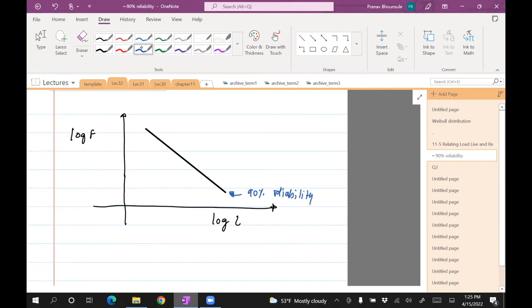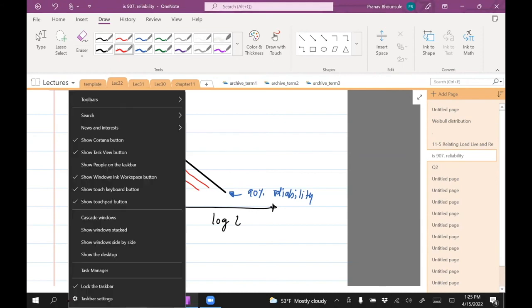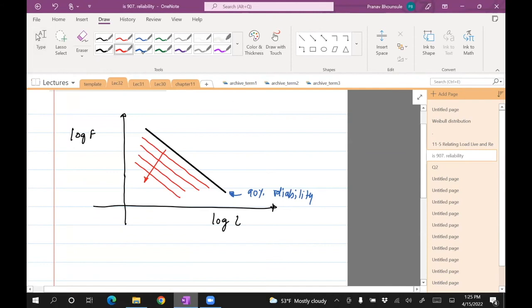Okay, so what happens is, if you want to do the same experiment to find the reliability at 95% or 99%, you will end up with lines which are parallel to this line, something like this. So this is for a constant reliability, but the reliability is increasing from 90%.